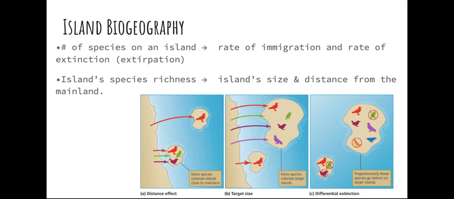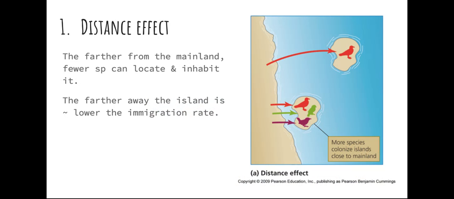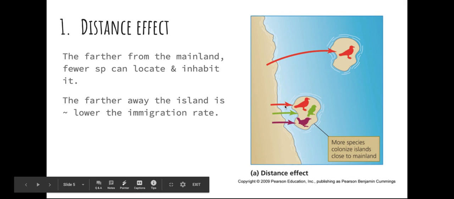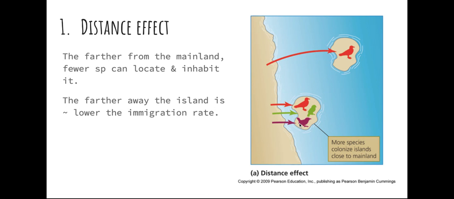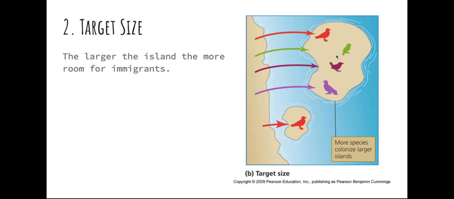Island species richness is determined again by the size of the island and the distance from the mainland, and we're going to talk about three factors that have this effect on species richness. Let's look at the first factor, the distance effect. The distance effect tells me that there is a better chance of more species migrating to an island that's closer to the mainland compared to an island that's farther away.